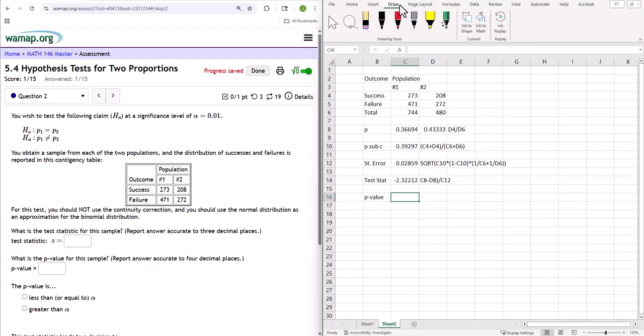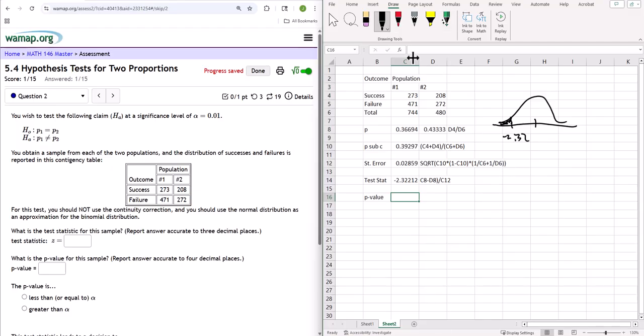So if I go to draw here, these proportions are normal, so I have the case here, and here is 0. My test statistic is over here, negative 2.32, and so it's this one, and because it's two-tailed, remember we have P sub 1 is not equal to P sub 2, we have to double the area in the tail.